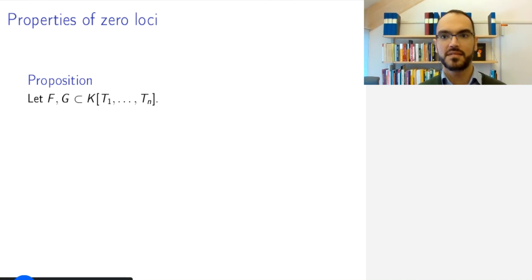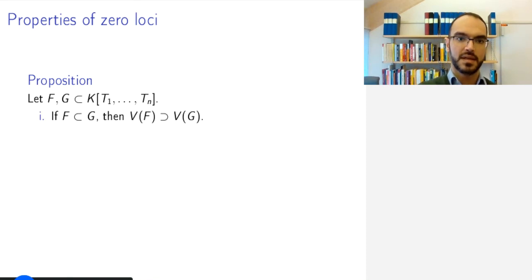So let's look at some properties of these algebraic sets. If we take two families of polynomials in n variables, and suppose that one family sits inside the other, then their vanishing sets sit inside each other, but in the opposite order. Why is this?